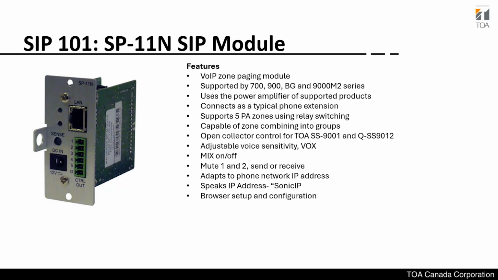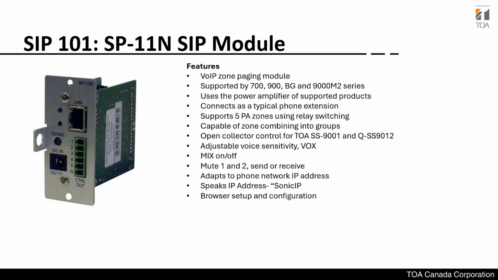It supports 5 PA zones using relay switching, so it has 5 open collector outputs that can be connected to the TOA SS9001 or SS9012. It has adjustable voice sensitivity for VOX, and also has mix on/off and mute 1 and 2 switches.